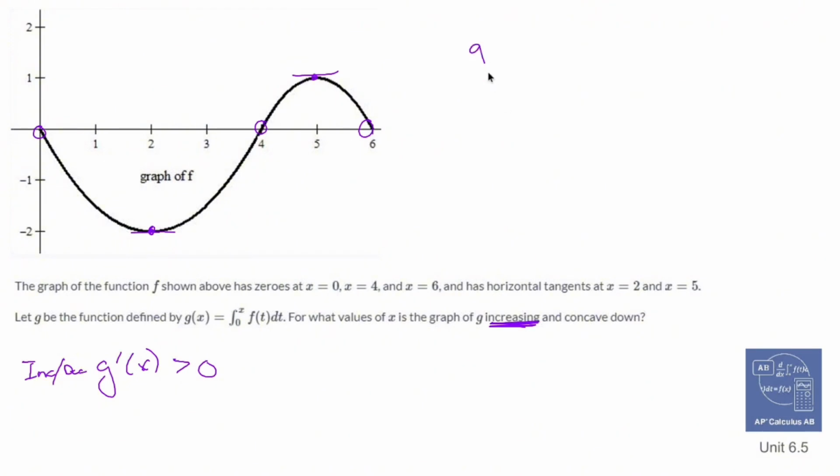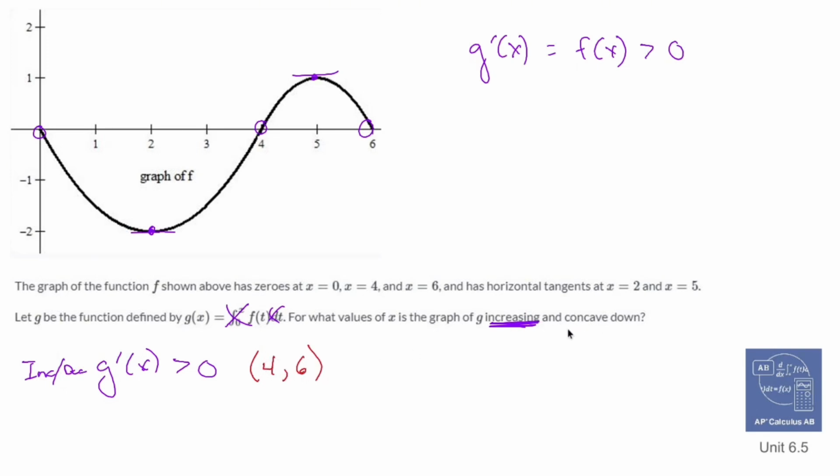Well, what's g prime of x in this case? It's the derivative of the integral, so the integral's gone and I'm left with f of x. That's what the fundamental theorem of calculus says. So I care about where f of x is positive. If this is the graph of f of x, I care about where f of x is above the x-axis, and f of x is above the x-axis between 4 and 6.